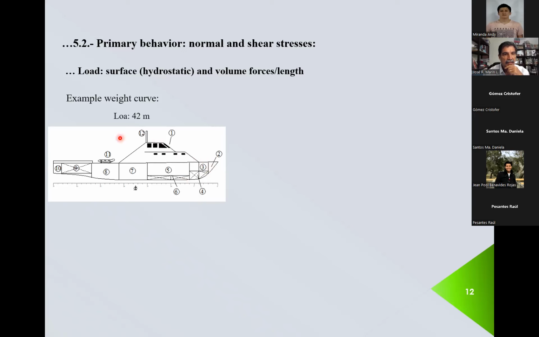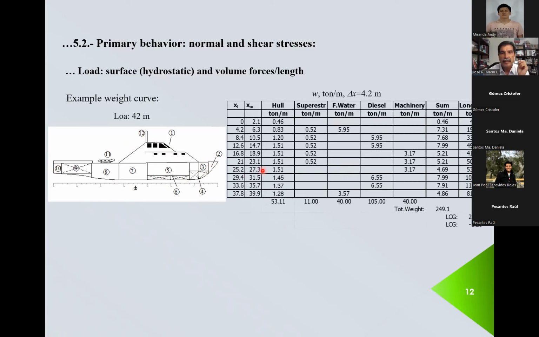Okay, so we have this distribution, and we prepared this weight distribution. We consider these items: the weight of the hull, superstructure, fresh water, diesel, and the machinery. Look at the hull distribution. This is tons per meter, so this is force per unit length. You see that it increases, this is constant, and then it decreases.